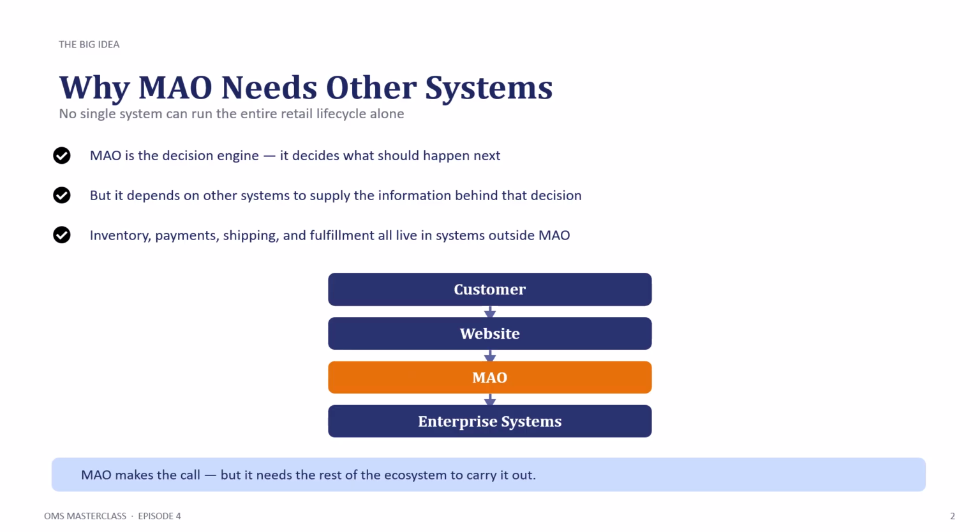Now, one question might come to your mind. If MAO is managing the complete order life cycle, then why do we even need all these other applications? That's a very common question, especially when you are new to MAO. Think about it this way.